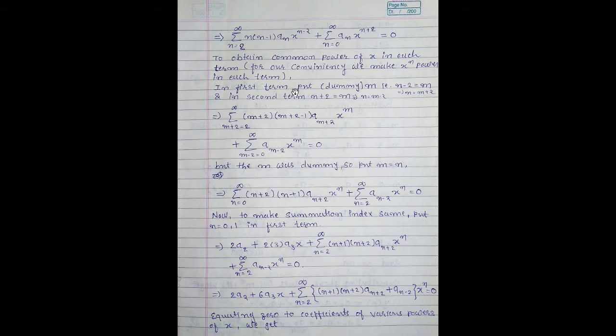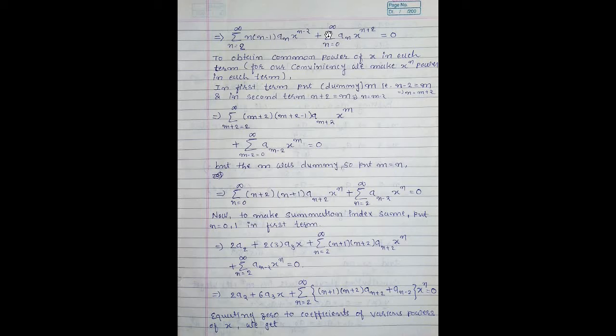Now in next step we try to obtain power of x same in each term. Here in first term power of x is n minus 2. In the second term, power of x is n plus 2. There are two methods.